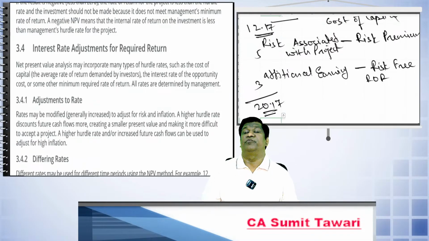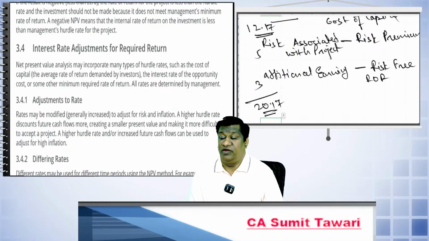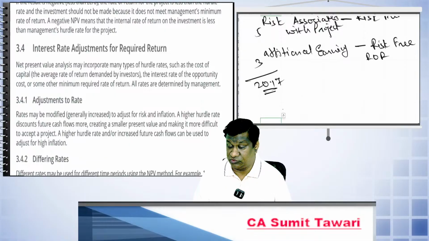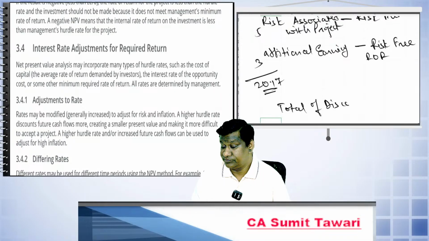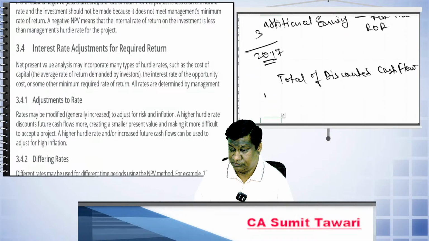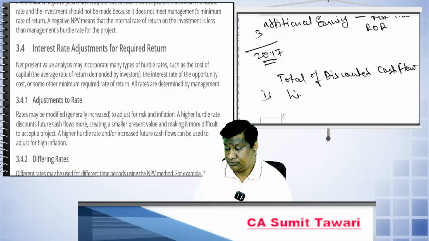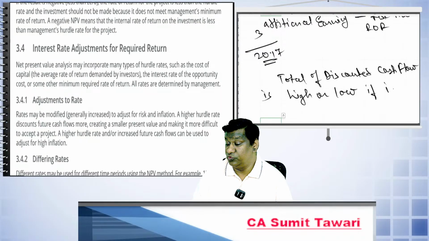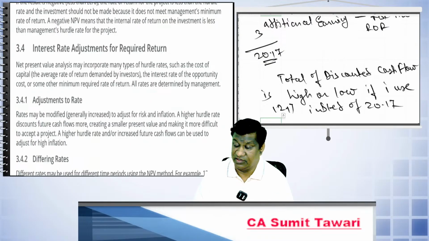If I calculate with a 12.17 discounting factor, the total of discounted cash flow, is it high or low if I use 12.17 instead of 20.17? Can you answer?